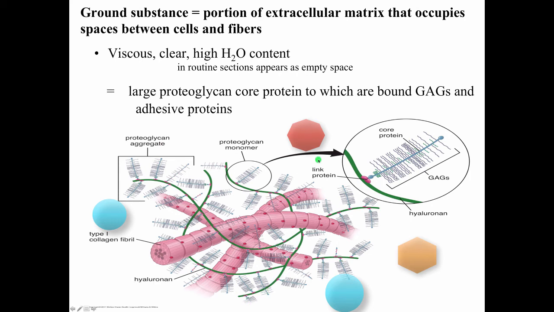So here, just showing diagrammatically, maybe a core protein with these glycosaminoglycans linked with linker proteins onto a hyaluronic acid. Notice it almost looks like there's a bottle brush appearance to this ground substance. And in fact, this ground substance does have this bottle brush type appearance at the molecular level. There's a lot of negative charges on this material in the ground substance. This ground substance can actually hold a lot of water.